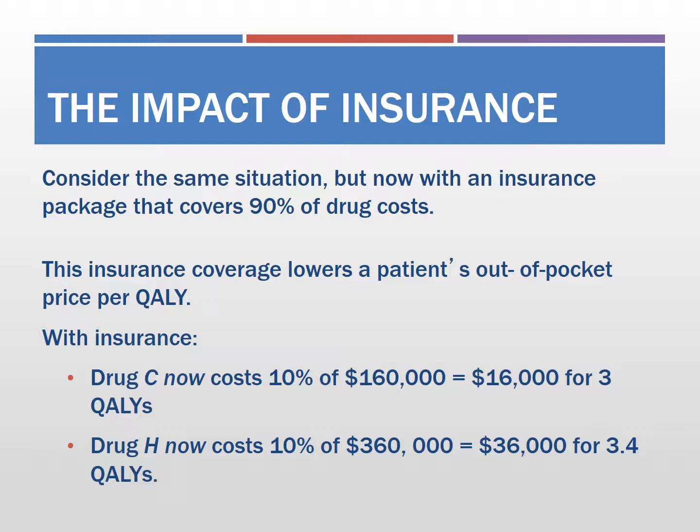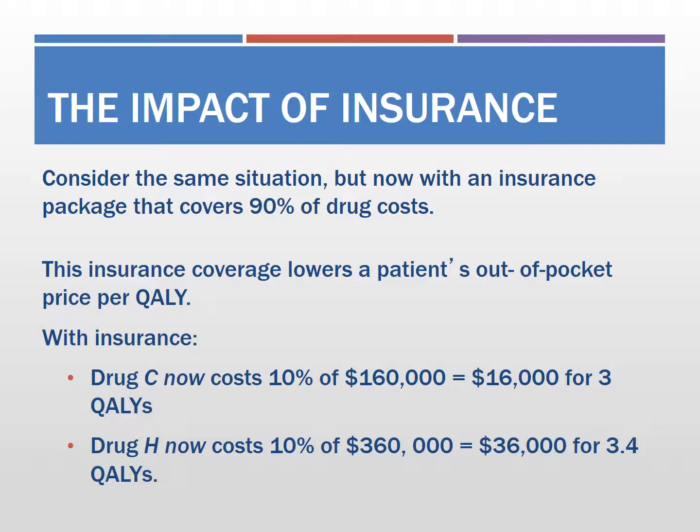For patients who want to use drug C, now they only have to pay 10% of the total cost, which is $160,000. So for the 3 quality years, the patients will only have to pay $16,000 for 3 years of extension of life.